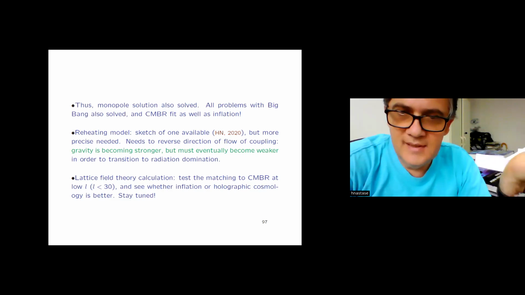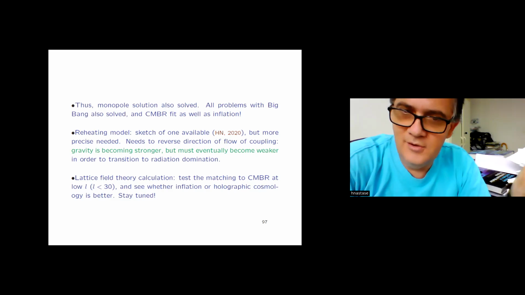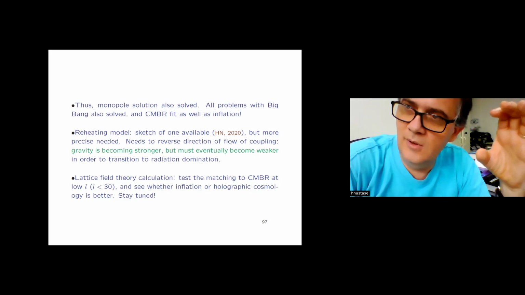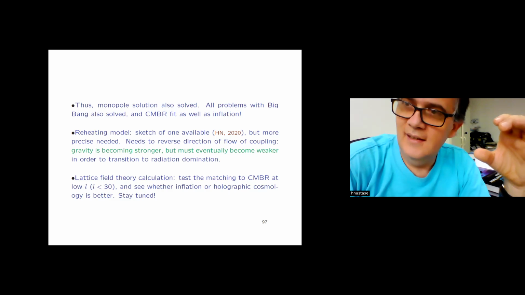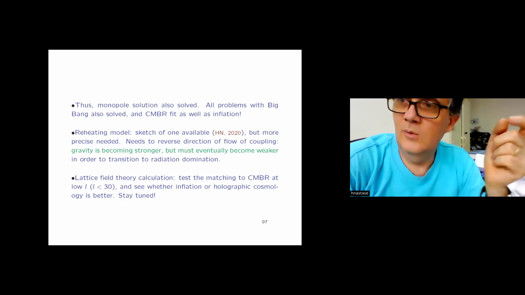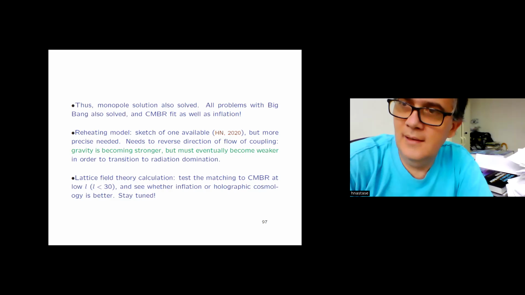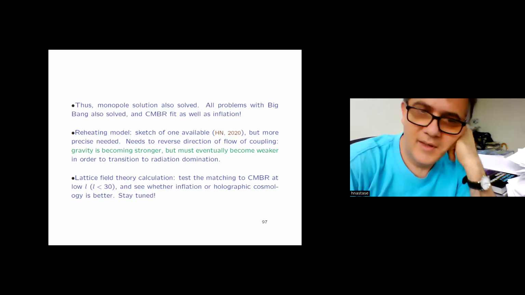And one should see whether it's actually inflation or holographic cosmology which is better, because in this region the two are really different and none of them fits perfectly with the data at this point. So it would be interesting to see whether the fit becomes better or worse when that is done.